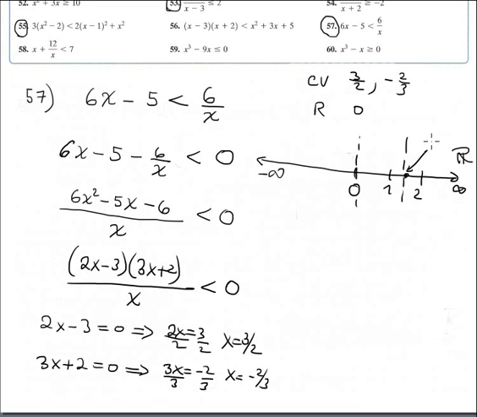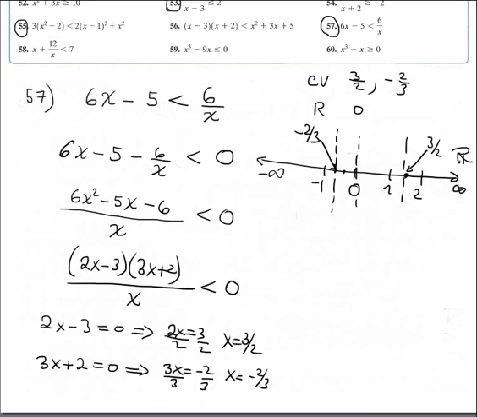Okay, this point is 1.5, is 3 halves, and the other point is, this is minus 1, is negative divided by 3. This is negative 2 over 3. Okay, and this is another partition.